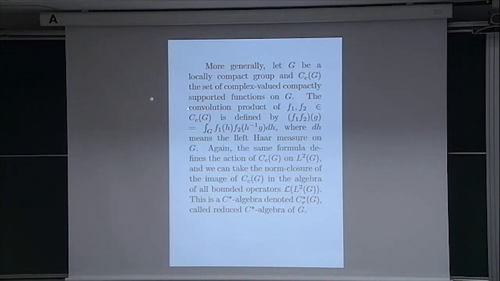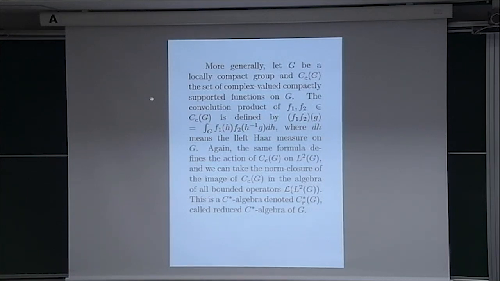So this is an element of compactly supported functions, which will be used to create the same kind of algebra using convolution product like this. And this algebra will act on L2 of G quite naturally, because elements act by shifts, and you just average over your function. The formula is exactly the same as this formula for the product.